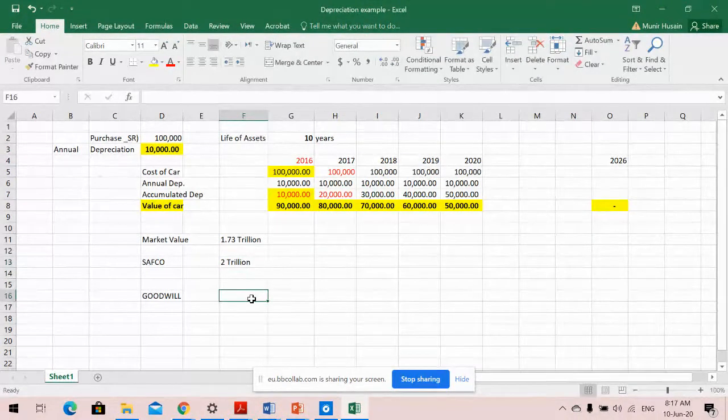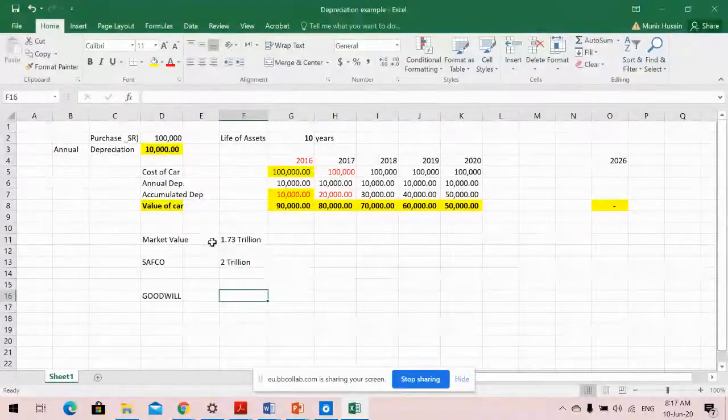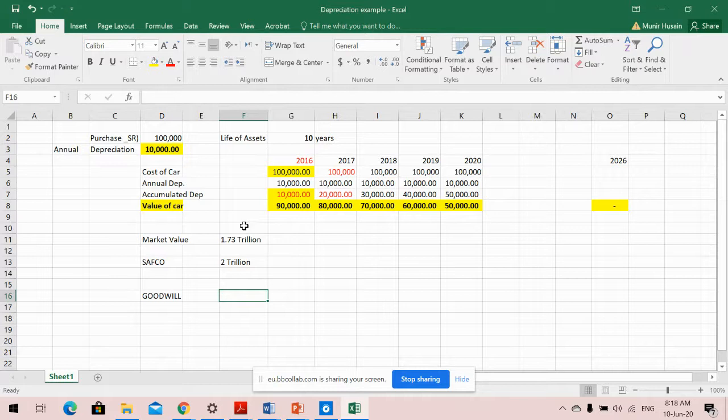So Safco pays more money than what should be the market value. This is not an everyday situation, right? Maybe once, when you purchase a business, the whole company. So how much Safco pays is 2 trillion. Why do they pay more than this? Because of Aramco's reputation, their brand name, their high quality products, whatever. So you pay an extra amount.